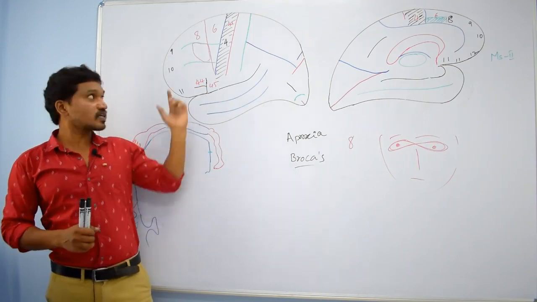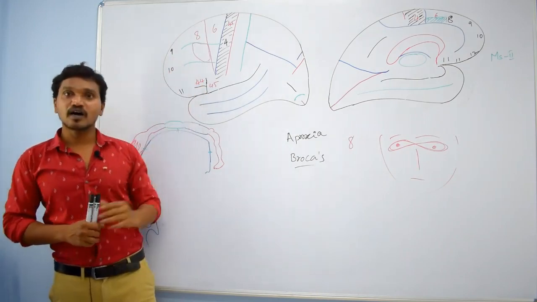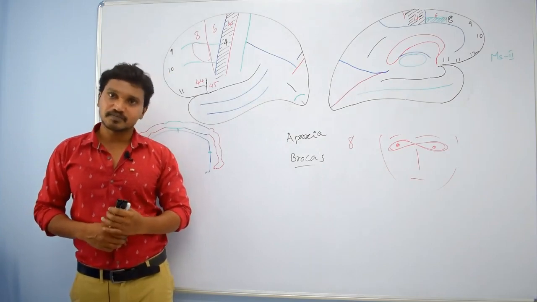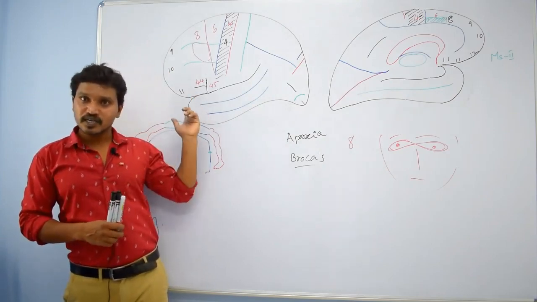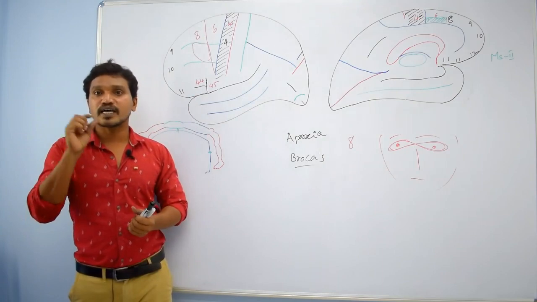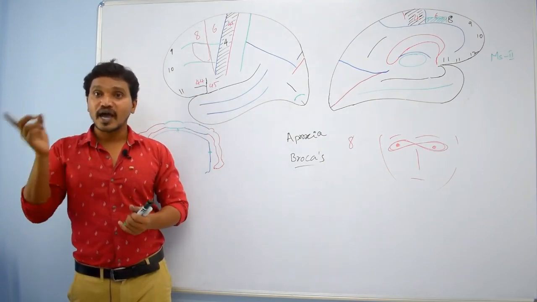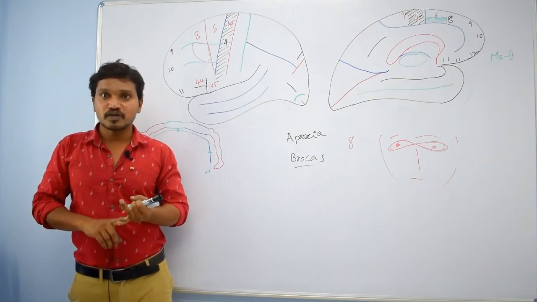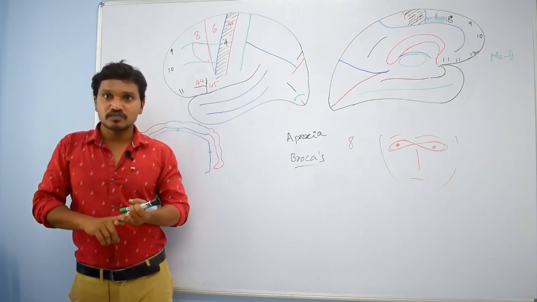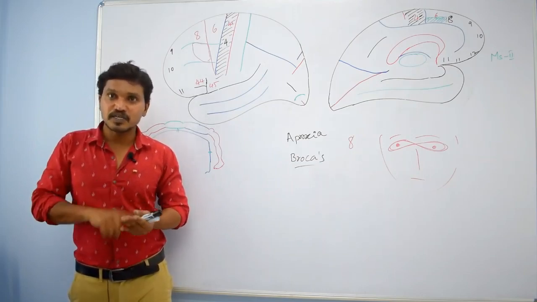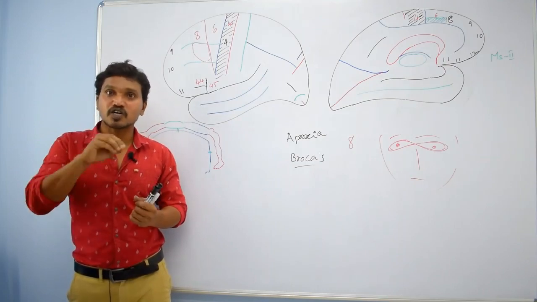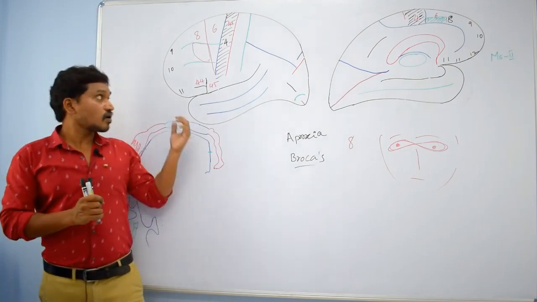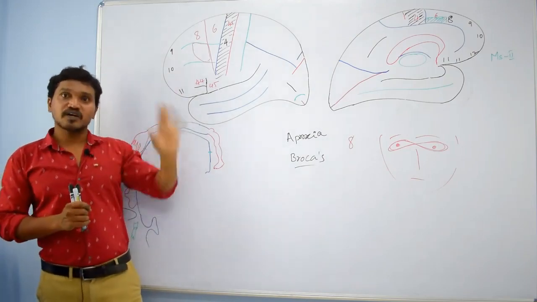So they gave the name for this area as silent area. But after some time, they stimulated with low voltage electricity, and they found activation of some systems like the digestive system, cardiovascular system, excretory system, respiratory system, and also the autonomic system. Clear? So, these are the functions.